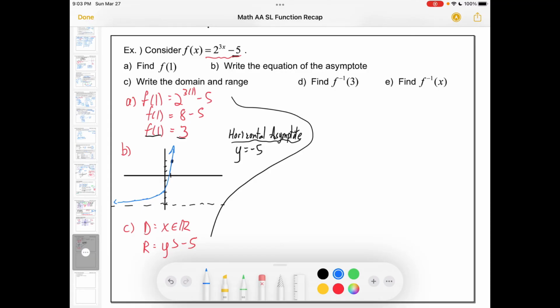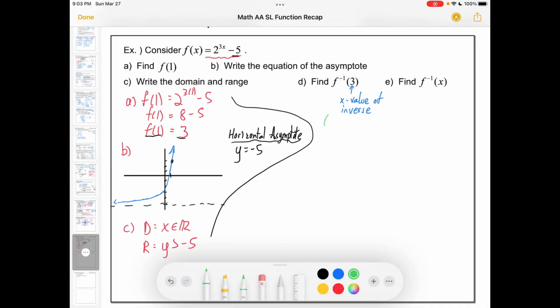All right, moving on to the fun stuff. Find f inverse of 3. So let's think about this. Before doing a whole bunch of switching x and y work, which we can do and we will do in E, I want to walk you through a little hack in this question. They're telling you that this is an x value on the inverse.